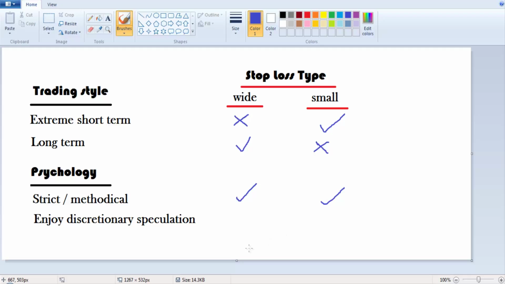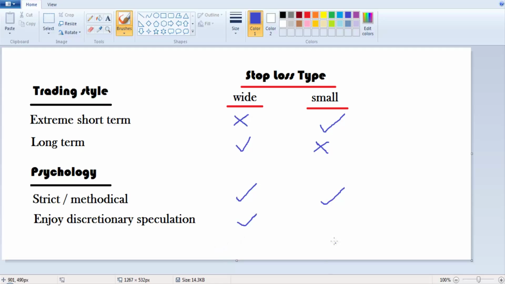What about discretionary speculation? By that I mean somebody who likes to have a look at the market and decide, by maybe analyzing price action, that I believe the market has done this, so my thought process has changed for this pair, so I'm going to move my stop loss or take profit to level X or Y. Okay, so a wide stop loss, yeah, why not?